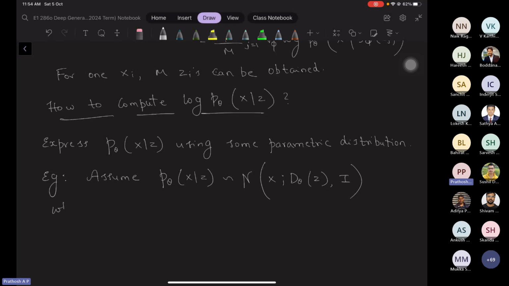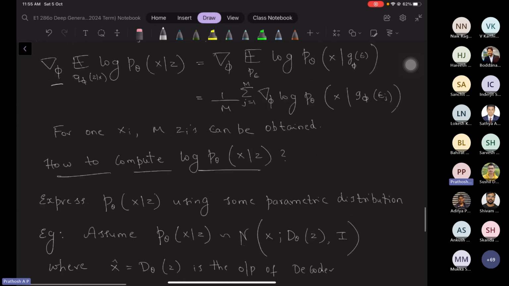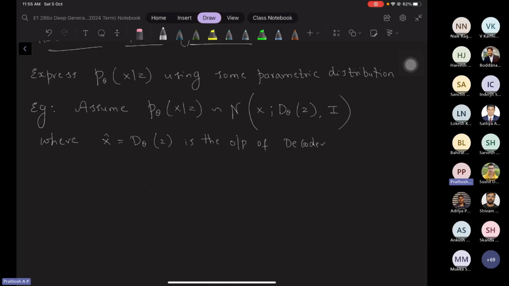Where d theta of z, let us call that x cap. We have been calling it x cap, no? X cap, which is d theta of z, is the output of the decoder neural network. Now in this case, this xi cap that we get, which is d theta of zj, we are interpreting as the mean of a Gaussian distribution of p theta of x given z.